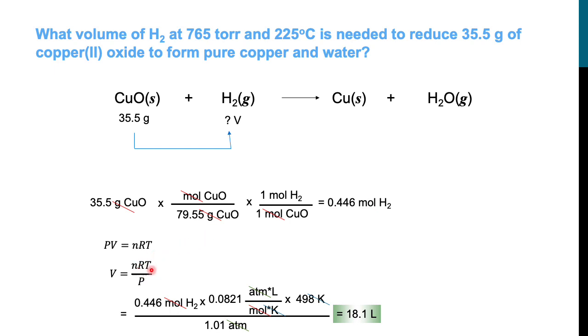T is a temperature, that is 225 degrees Celsius. You need to change to Kelvin. And then pressure is 1.01 atm. You need to change from 765 torr to atm because the gas constant is in atm. Okay, from here you can see that the gas constant is in atm. So you need to cancel the unit. So you need to change the torr to atm. So the answer is 18.1 liter.